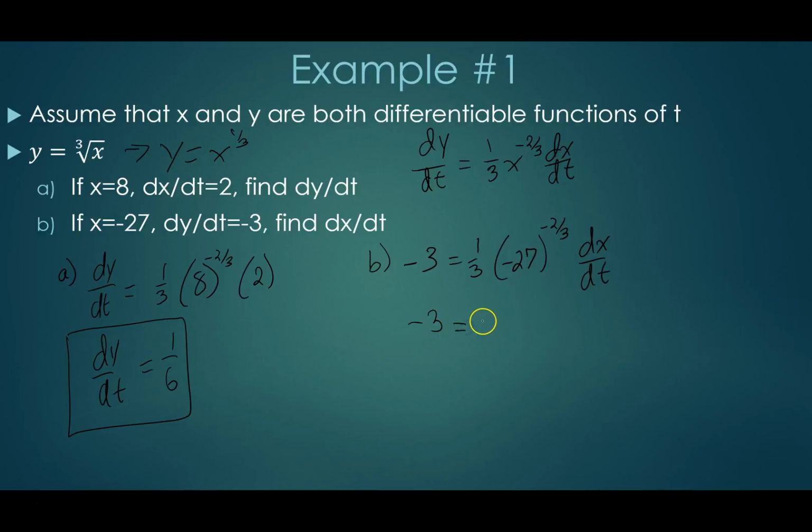This will come out very nicely to be 1/27, because negative 27 to the negative 2/3 is a positive 1/9. 1/3 times 1/9 is 1/27. So we multiply both sides by 27, and we get negative 81 equals dx/dt.